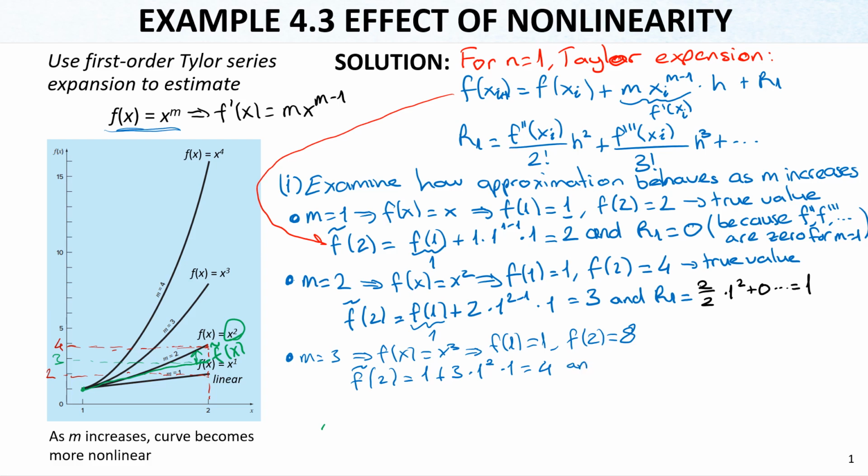And if we calculate R1, it will now include the first derivative and the second derivative, these ones. So it's just the summation of them, and if you do this summation, you will simply see that R1 is 6 divided by 2 times 1 squared plus 6 divided by 6 times 1 to the power 3 plus 0 equals 4.